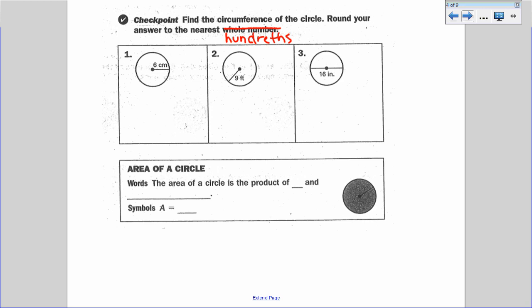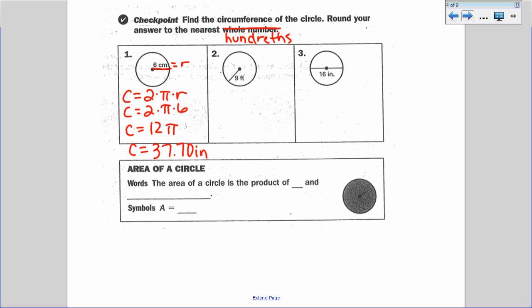So when we take a look at this, we have the radius. This is our r. So we're going to have circumference is equal to 2 times pi times r. So we have 2 times pi times 6. And you can simply type that into your calculator as 12 pi. So if we do 12 pi on our calculator, or 12 times 3.14, we're going to get a circumference of about 37.70 inches.